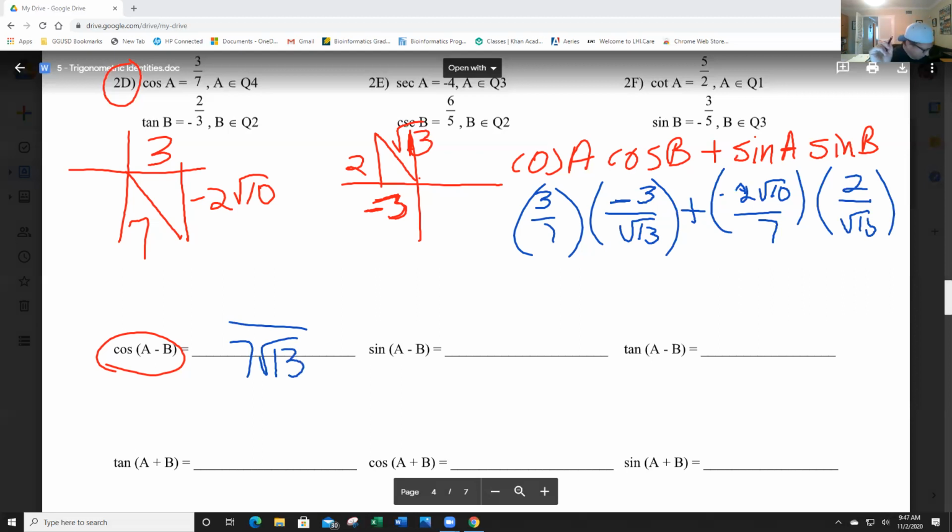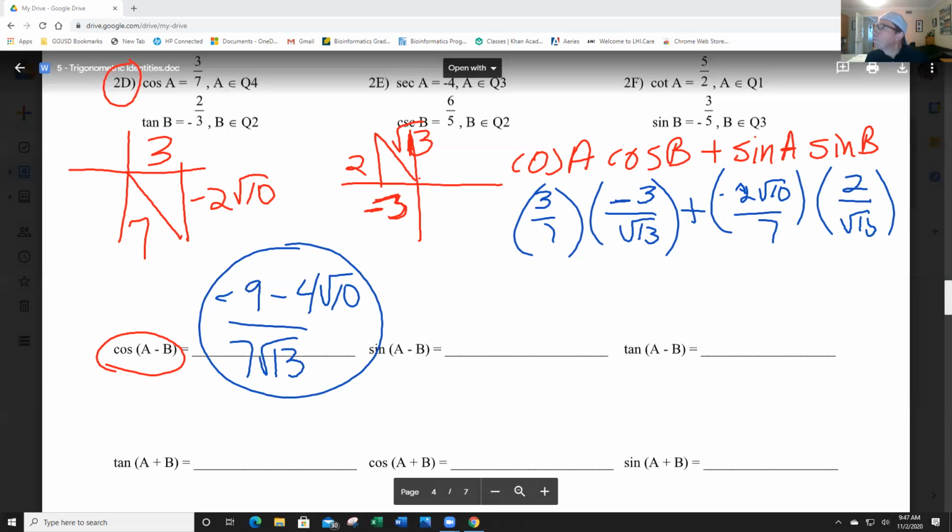I'm going to make my life simple for now. This is negative 9 up here, and then this will be minus 4 radical 10. And we're just going to leave it like that. If you rationalize the denominator, you're getting into too many prior skills that I don't want to get into at this time. Okay. Now let me erase this so I can do the tangent of a plus b.